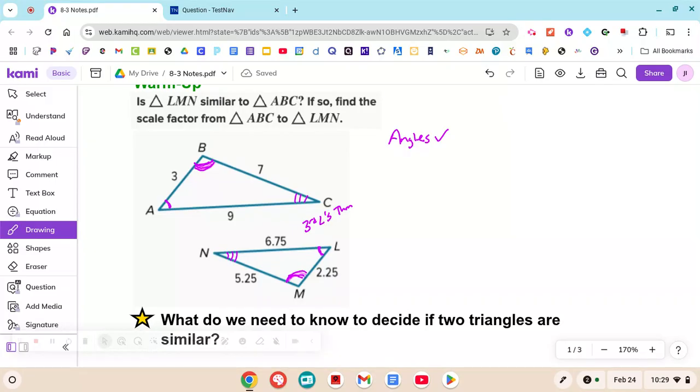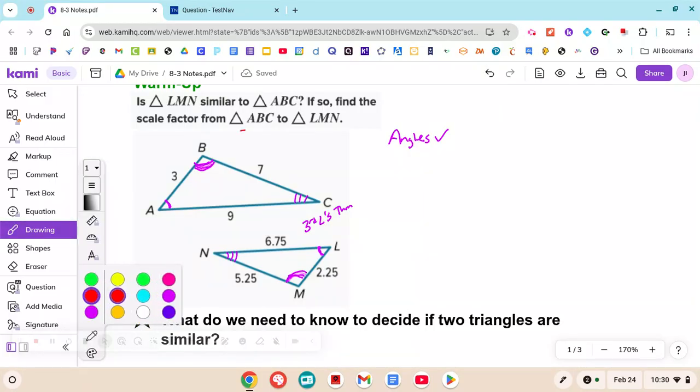Next thing I'm going to check is the sides. They asked us to do a scale factor from ABC to LMN. So if I pick the smallest side in ABC and the smallest side over here, now we've moved on to sides. I'm going to do 3 is to 2.25. That might be kind of hard to work with, so don't be afraid to use your calculator to help you.